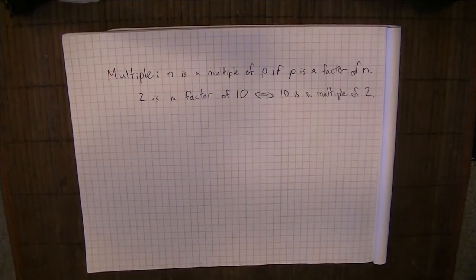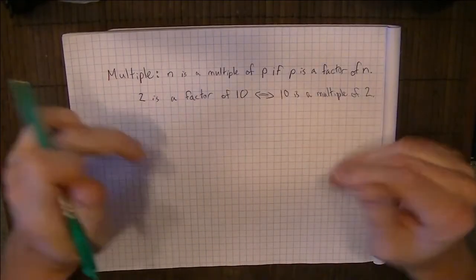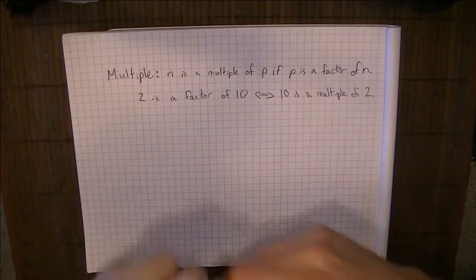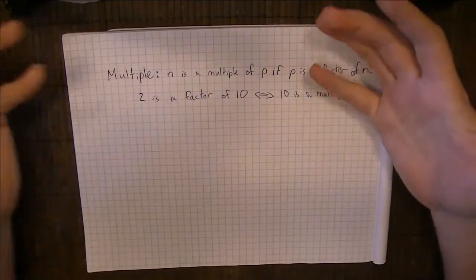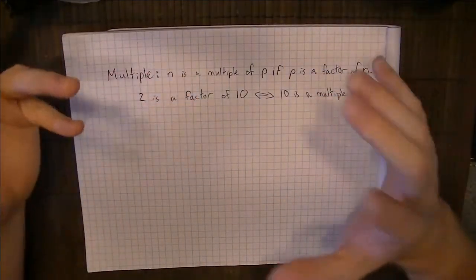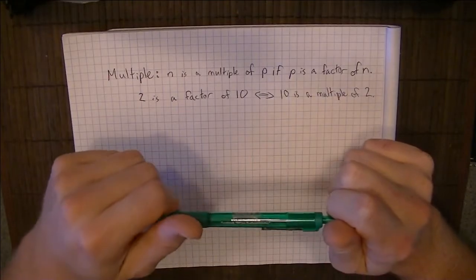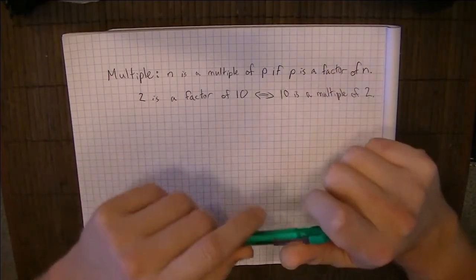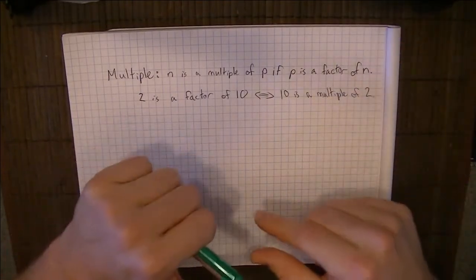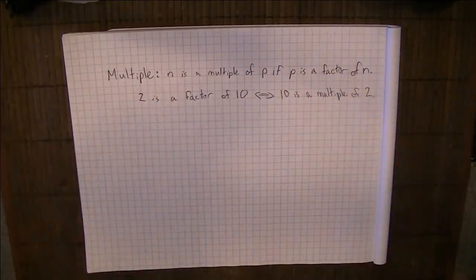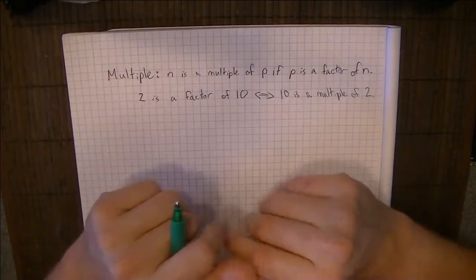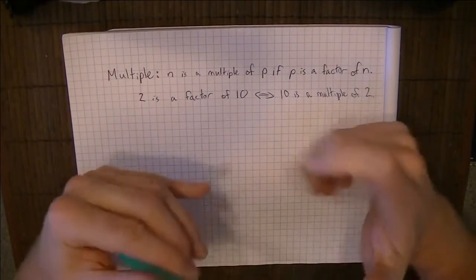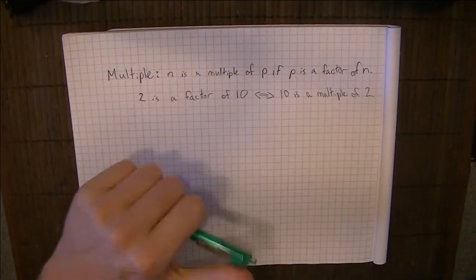Saying the same thing. So multiples and factors are sort of the same concept just from the opposite sides, right? So the bigger number generally is the multiple, the smaller number is the factor. The number that goes into the number is the factor, and the bigger number, the product, is called the multiple.